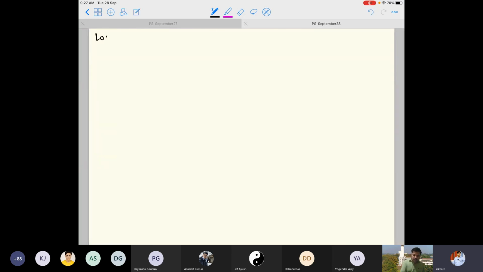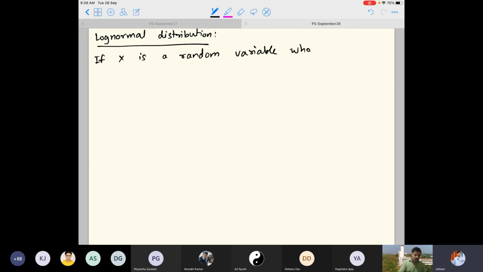Another distribution that I just wanted to introduce was log normal distribution. So this log normal distribution is related to normal distribution. So what happens in log normal distribution? If x is a random variable whose logarithm is normally distributed.